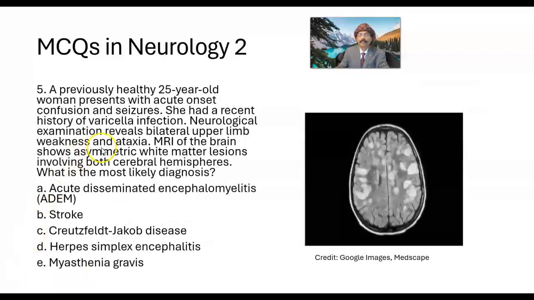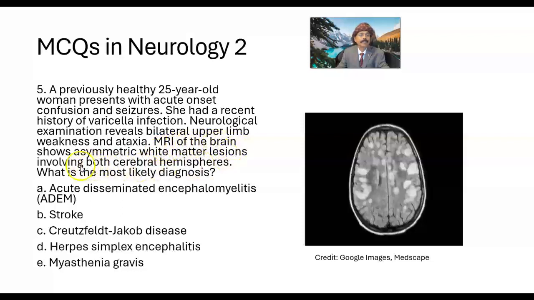Okay, a previously healthy 25-year-old woman presents with acute onset of confusion and seizure. She had a recent history of varicella infection. Neurological examination reveals bilateral upper limb weakness and ataxia.